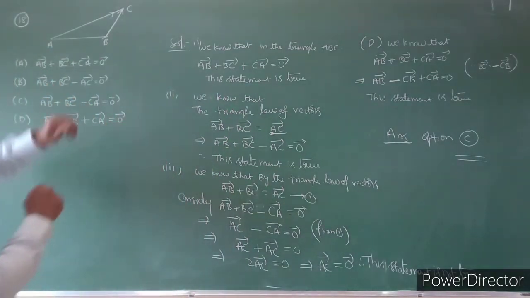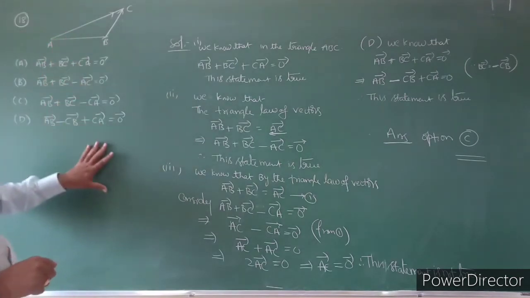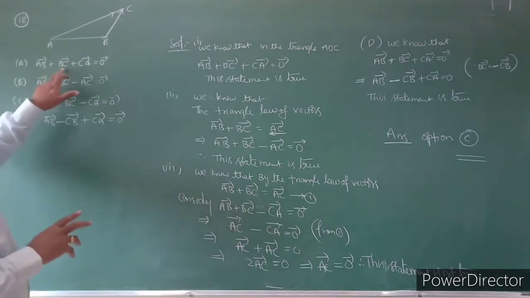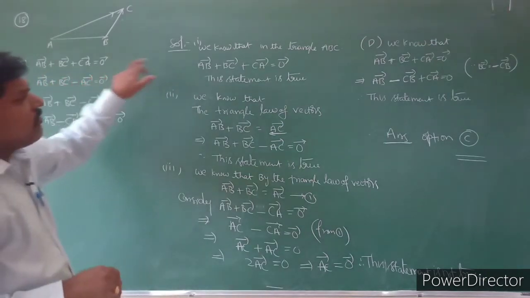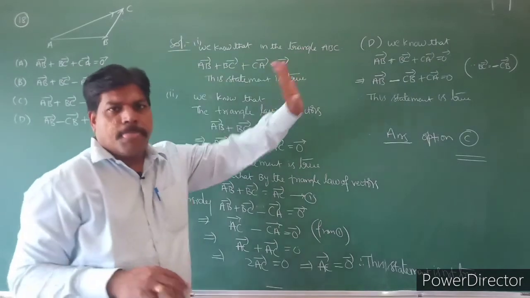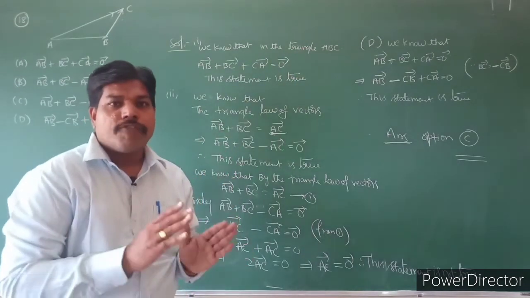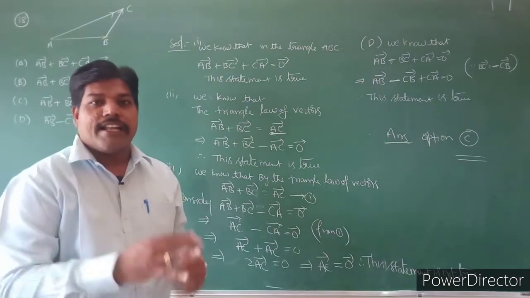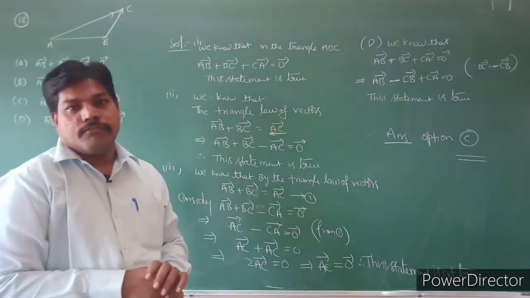See that one once again. So first they have given one triangle, and they are asking 4 conditions, which one is not true. First we have to see whether AB plus BC plus CA is equal to 0 or not. Already we know that in the triangle ABC, the sum of the sides of the triangle in order will become 0.